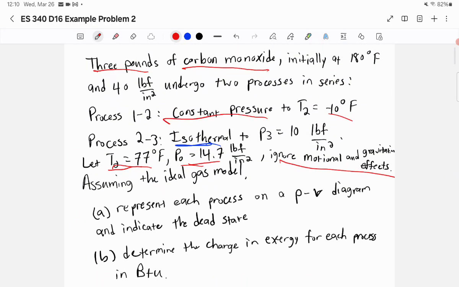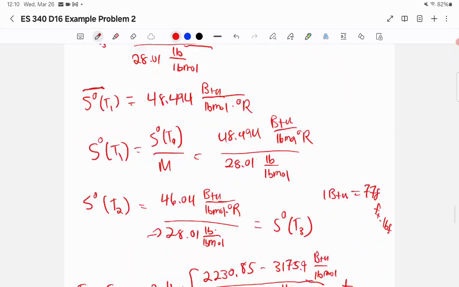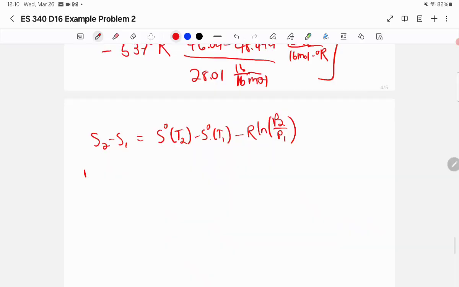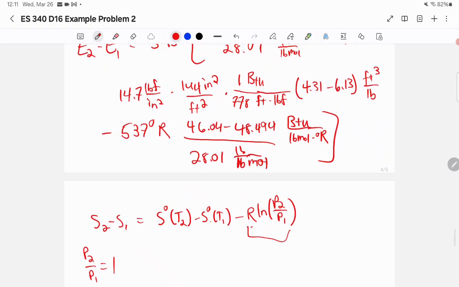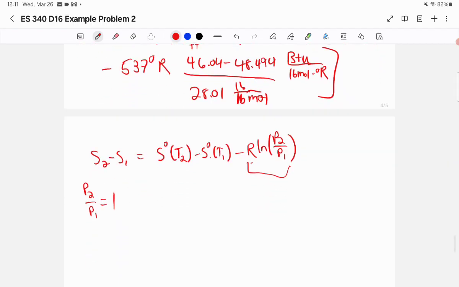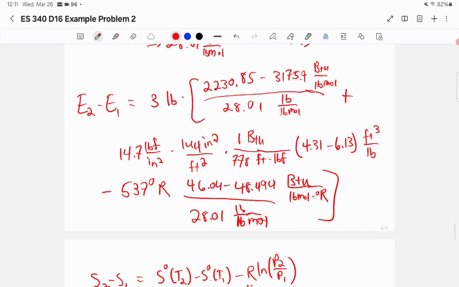So P2 is equal to P1, which means P2 over P1 is 1, and the natural log of 1 is 0. So this term actually just drops out completely from S2 minus S1 when the pressure is constant. Convenient. So that's why I have that.